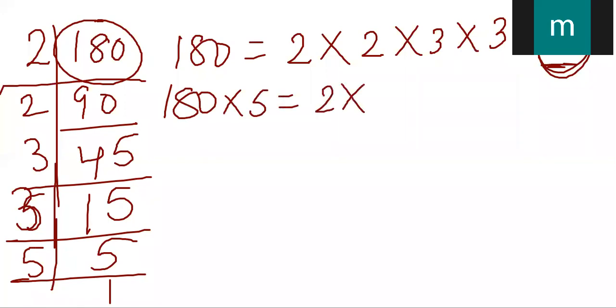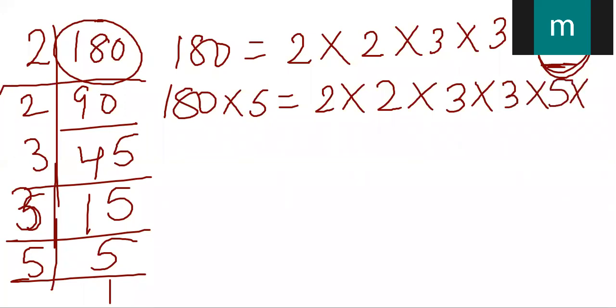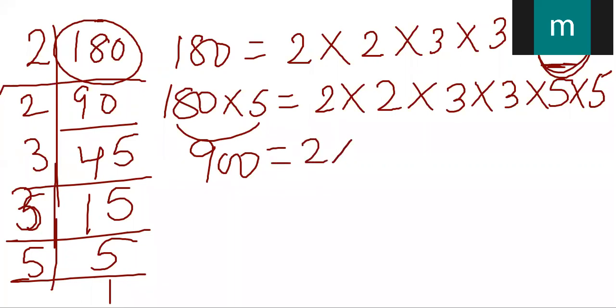So we will get 2 into 2 into 3 into 3 into 5 into 5. One more 5 will be here. Then we can say this is a perfect square. Multiplying it, 900 is equal to 2 into 2 into 3 into 3 into 5 into 5.